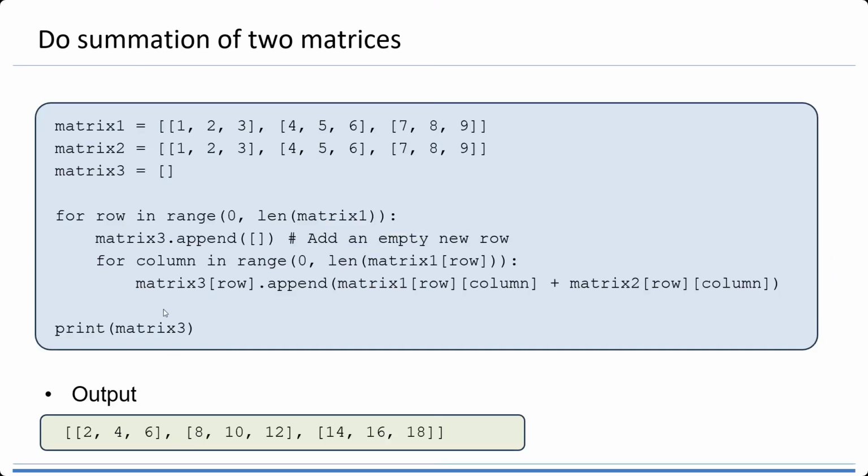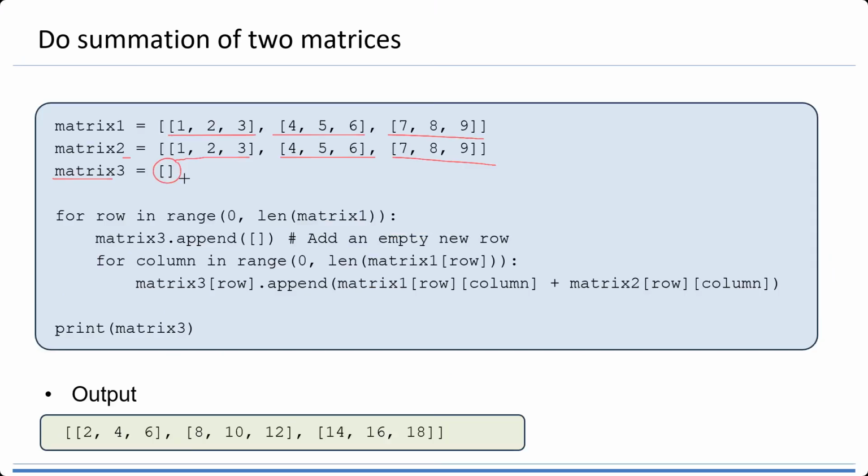Then you can have two different matrices, matrix 1 and matrix 2. Let's suppose I make that simple, 1, 2, 3, 4, 5, 6, 7, 8, 9. And matrix 2 is 1, 2, 3, 4, 5, 6, 7, 8, 9. For matrix 3, it starts with empty.